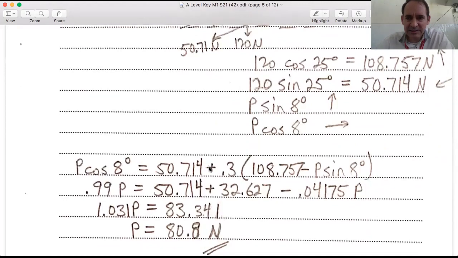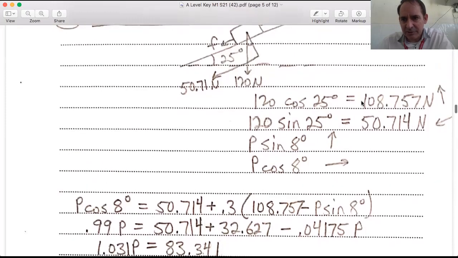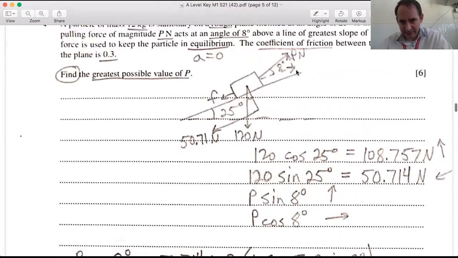Well, the 50.714 is the resolved force from gravity of the object down the plane. And this part right here is our friction. The friction is the mu coefficient, 0.3, times the resolved vertical forces. So there's 108.757 down minus P sine 8 pulling up.